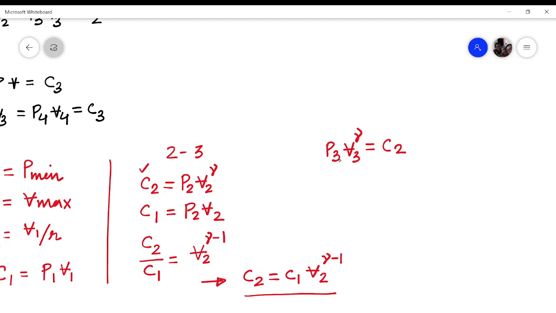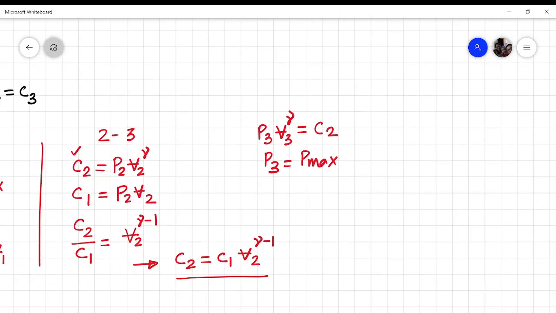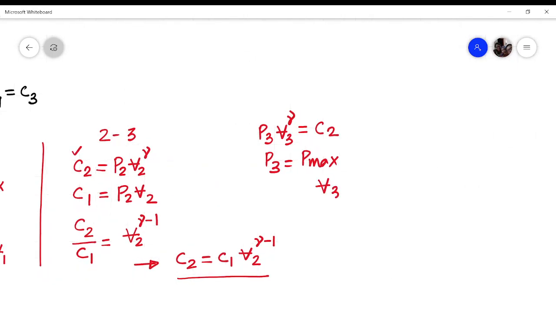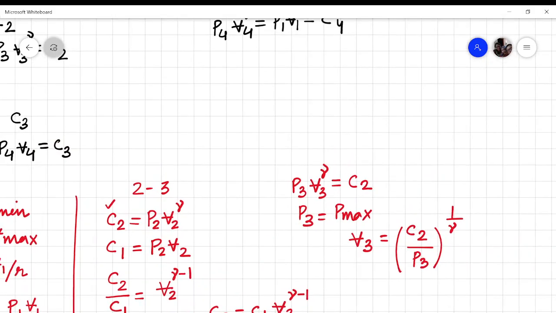Okay, but I know P3 is nothing but P maximum. Therefore, the volume at 3 will be C2 divided by P3 whole to the power 1 by gamma.